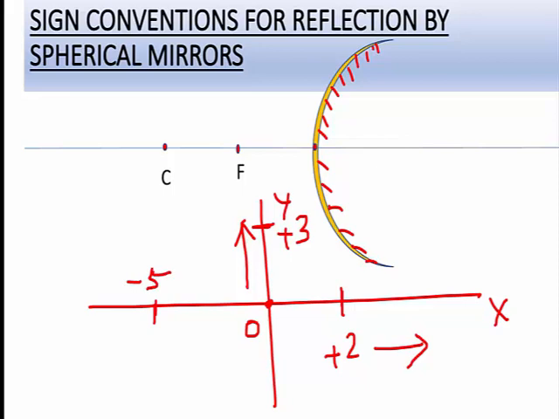This is how we mark any negative values. Now any negative value on the y-axis will be marked here. Suppose I have to show minus 3 on the y-axis, then it will be downwards from the origin O.